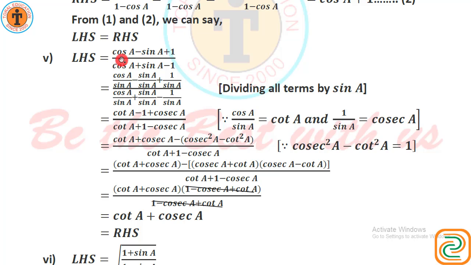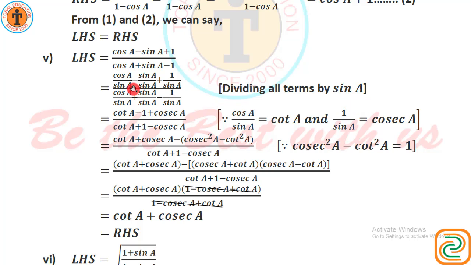Left hand side is (cos A minus sin A plus 1) upon (cos A plus sin A minus 1). This is something strange, but don't be afraid. What I have done here is divide all the terms by sin A, because I wanted to get cot A and cosec A. Cot means cos upon sin, we know.